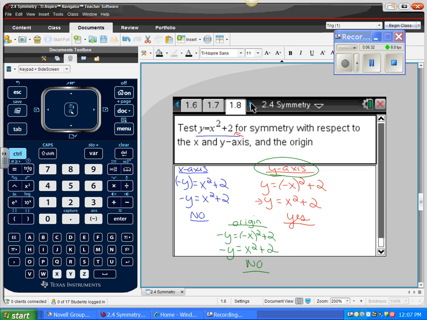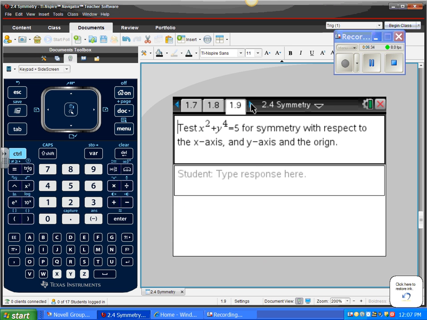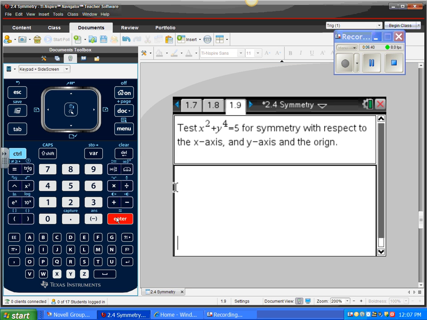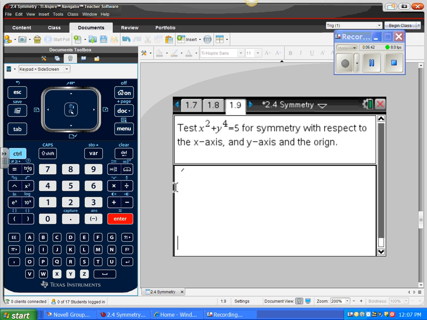Okay, so let's look at the next page. We're going to try this next one, and we're going to test this for symmetry with the x-axis, y-axis, and the origin. So again, let's start with the x-axis. And we're going to plug in, pardon me, negative y for y. So we get x squared plus negative y to the 4th equals 5.